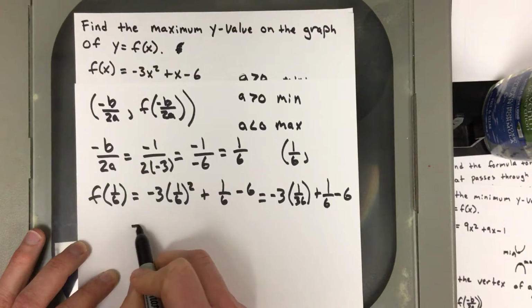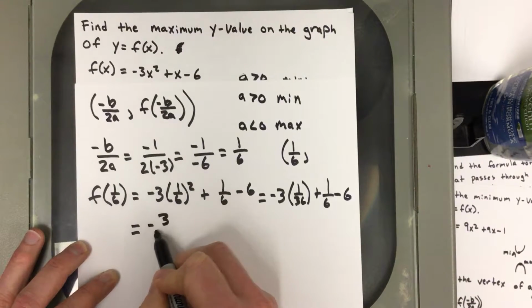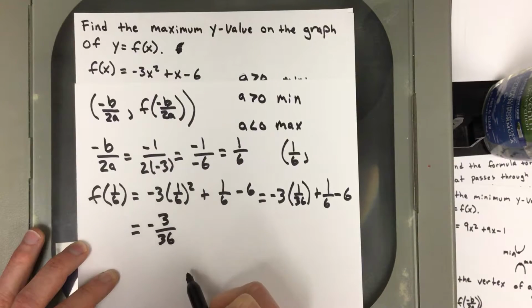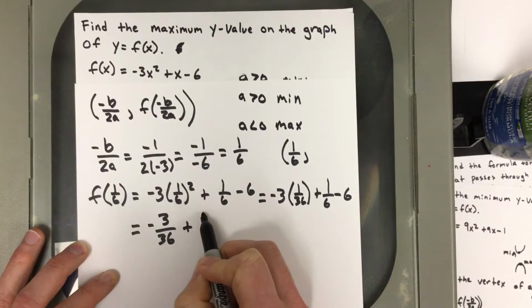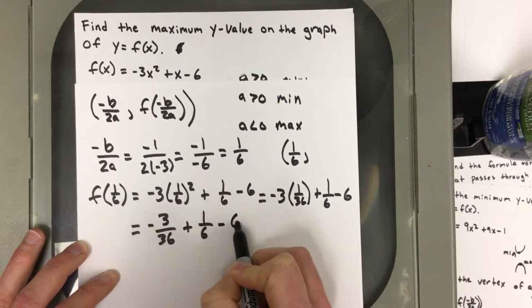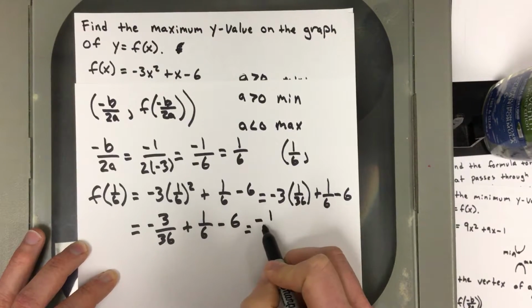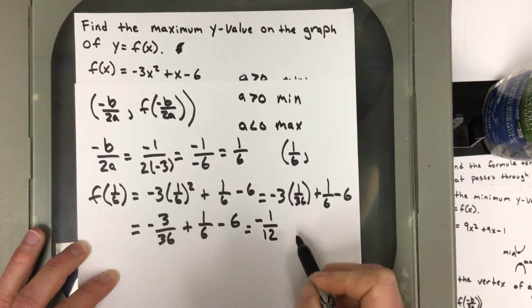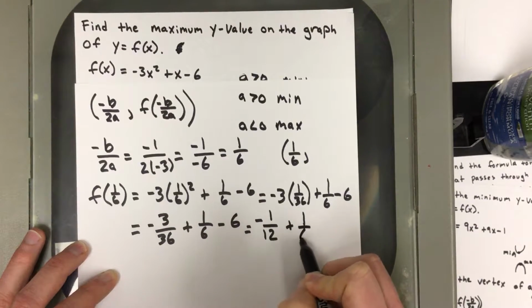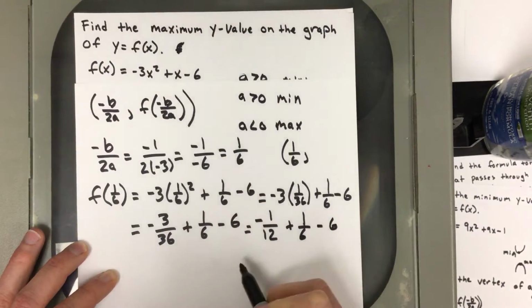Which then I can rewrite as negative 3 over 36 plus 1/6 minus 6. I'm going to reduce this now to negative 1 over 12 plus 1/6 minus 6.